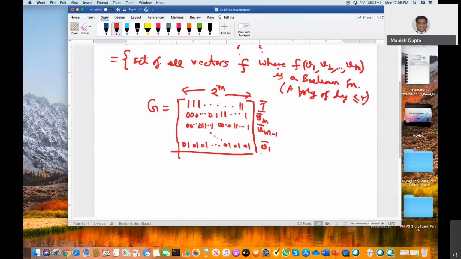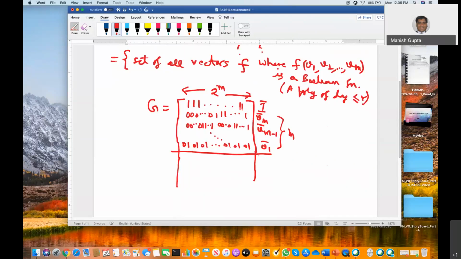After that, we actually take products of these. Now there are m vectors here, and if we take any two vectors and multiply them, we may take v1 vm and vm minus 1, we may take vm minus 1 and v1, we can take vm minus 1 and v2, and so on. So out of m we choose any two vectors and multiply them, and I can put them in the next rows.